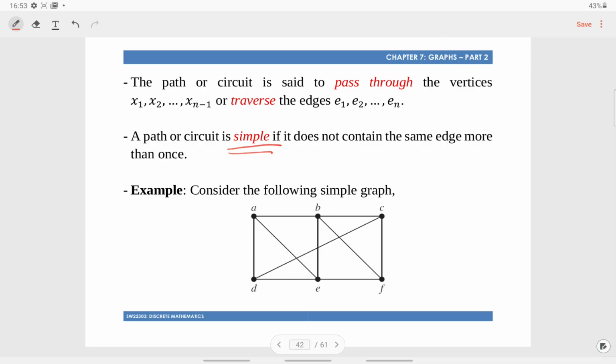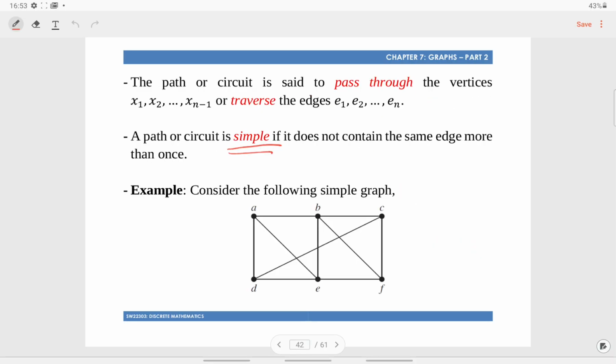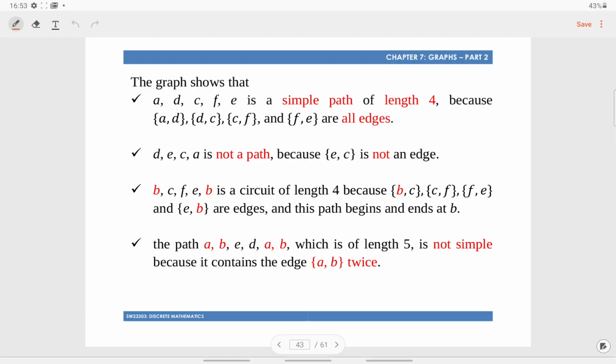Consider the following simple graph. From the given graph, we have the following information.